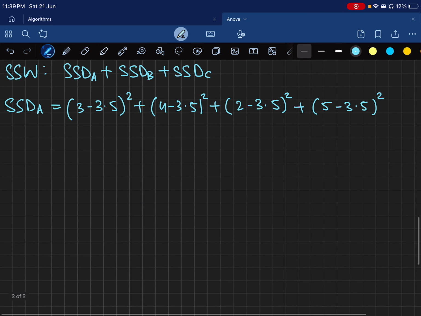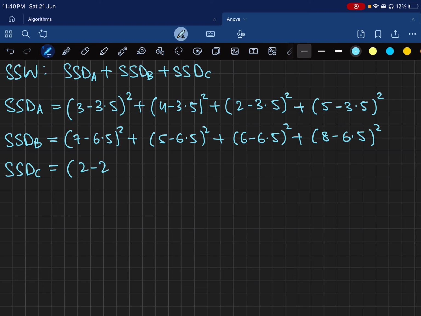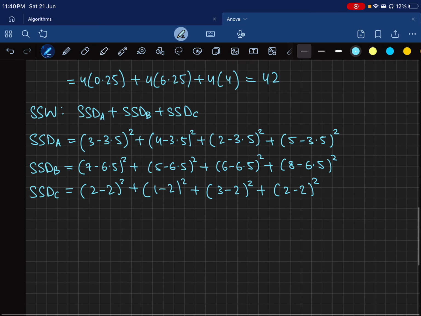Similarly, you do it for SS deviation B and C. For B you get (7 minus 6.5) square plus (5 minus 6.5) square plus (6 minus 6.5) square plus (8 minus 6.5) square. And for C, you get (2 minus 2) square plus (1 minus 2) square plus (3 minus 2) square plus (2 minus 2) square.